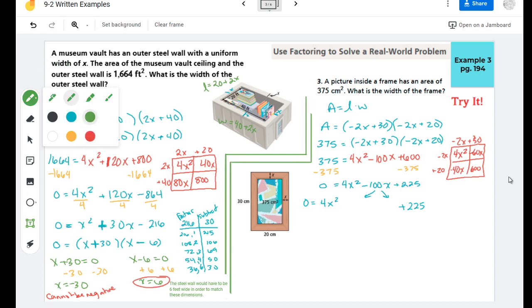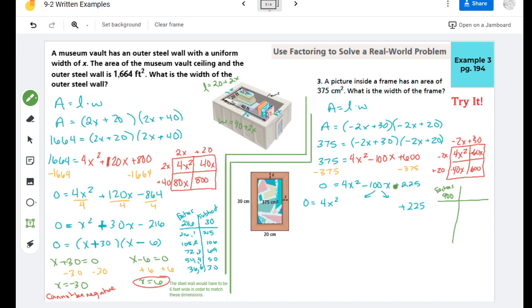I'm looking for the factors of 4 times 225, which is 900. And because the second sign is a plus, they need to add to make 100. Big yikes.